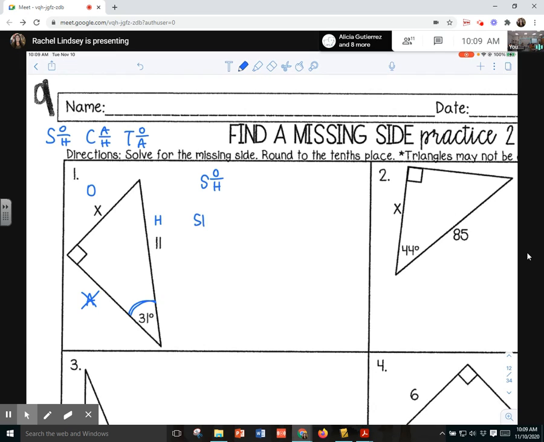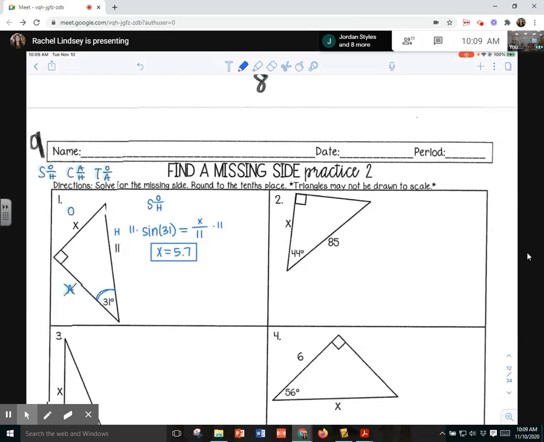And I'd have sine of 31 equals my opposite x over hypotenuse 11. Multiply both sides by 11, and you get x equals 5.7. Everybody get that? Okay.